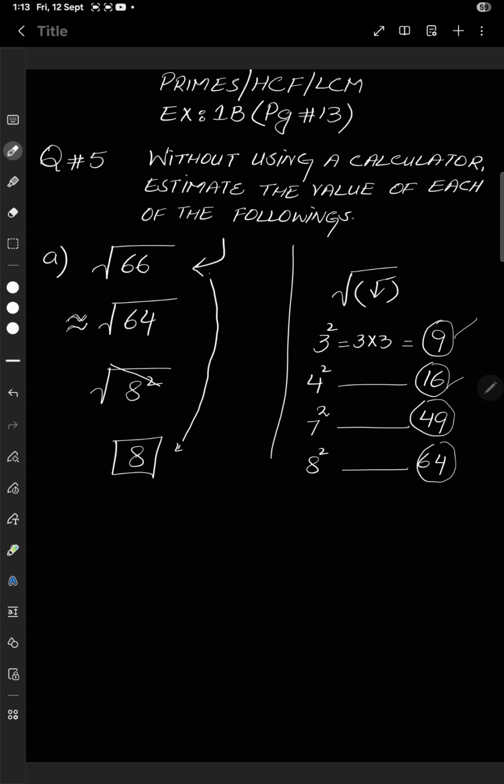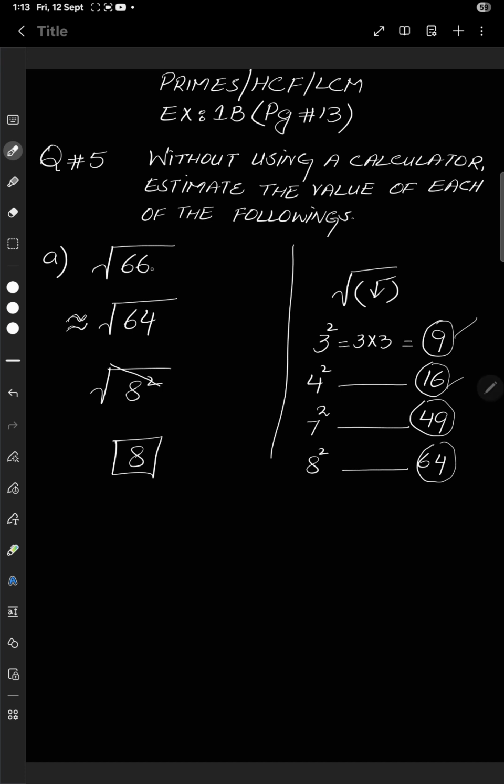Obviously this 8 is not the exact answer, but as they are mentioning in the question, we cannot use a calculator. Without using a calculator, we need to estimate the answer. So this is not the exact answer, but the square root of 66 will be near 8. What we are doing in this question is estimation.